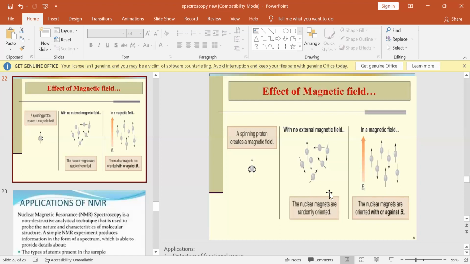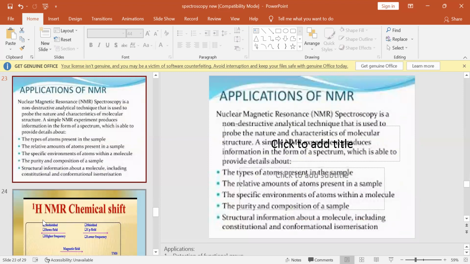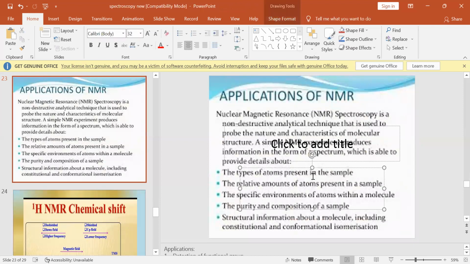Next comes applications of NMR spectroscopy. It has various applications. The primary application of NMR is in the field of structure determination and elucidation. Next, the type of atoms present in a sample.